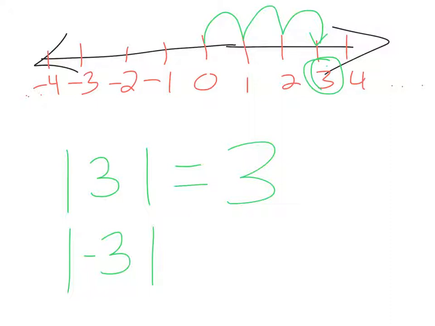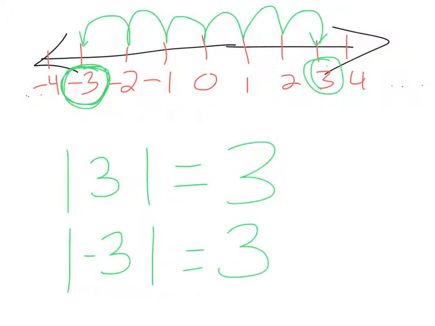Now this is a little bit different, kind of. The absolute value of negative 3. Here's negative 3 over on my number line, but the definition is still the same. I want to know how many spaces away we are from 0. So 0 to negative 1 is 1, to negative 2 is 2, to negative 3 would be 3 spaces away. So the absolute value of negative 3 is simply just 3.